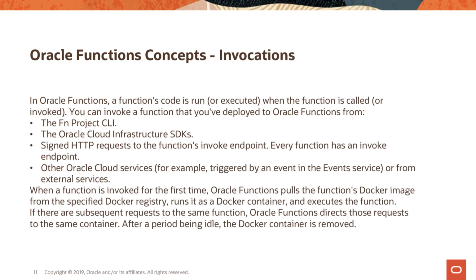Then there is the notion of invocations. In Oracle Functions, the function code is executed when the function is invoked, and the invocations can happen using the FN project CLI, like we discussed, using the SDKs, or the OCI event service can invoke it, it can trigger it.